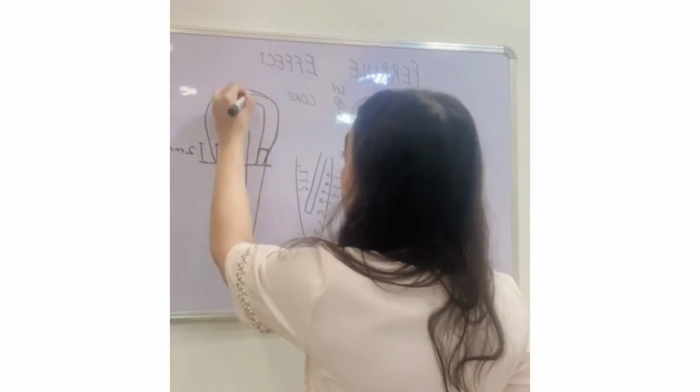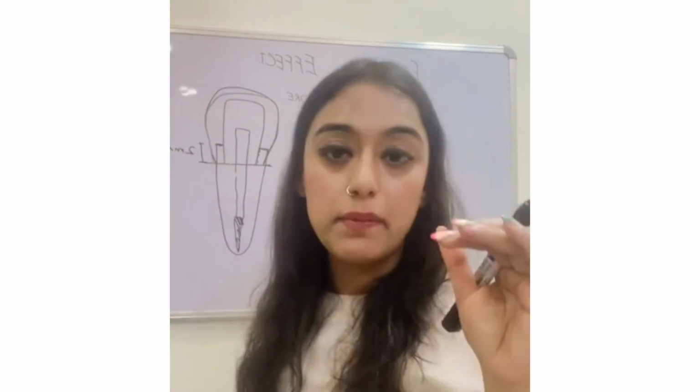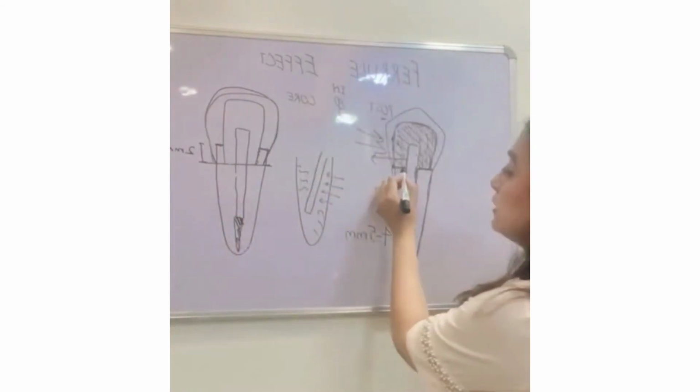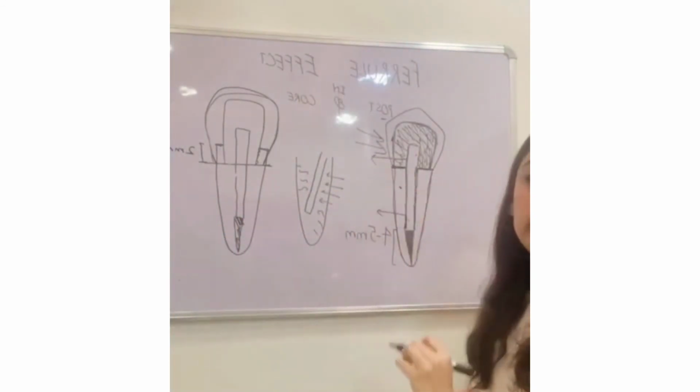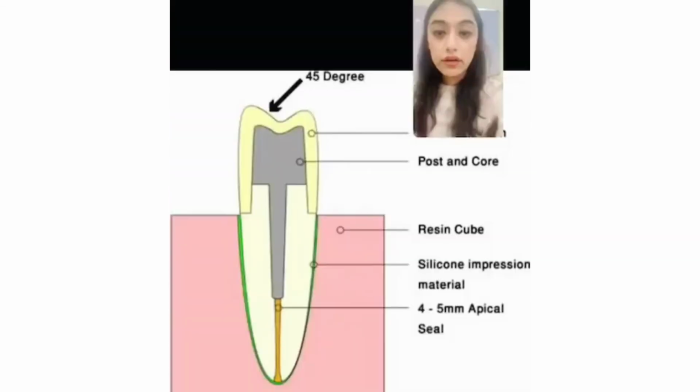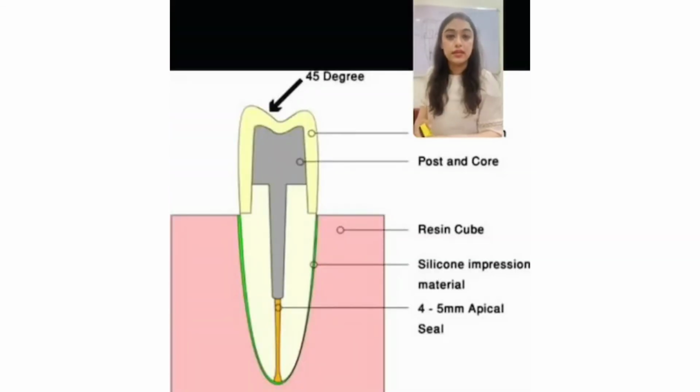So the crown has to be placed on sound tooth structure. You cannot place a crown at the original interface which was present pre-operatively. You have to make sure. So I'm going to share an image with you. Have a look at this image for reference.